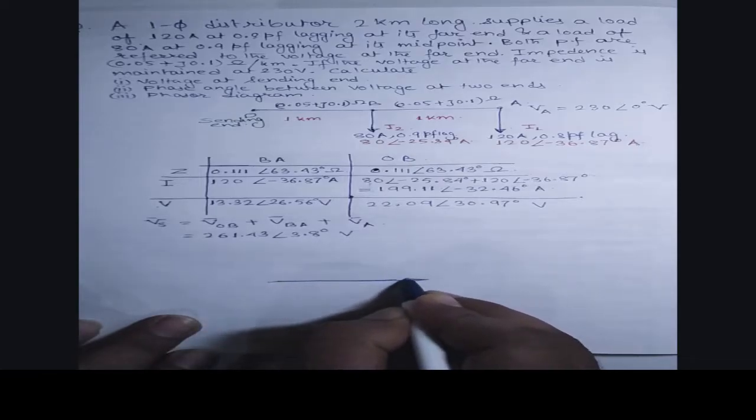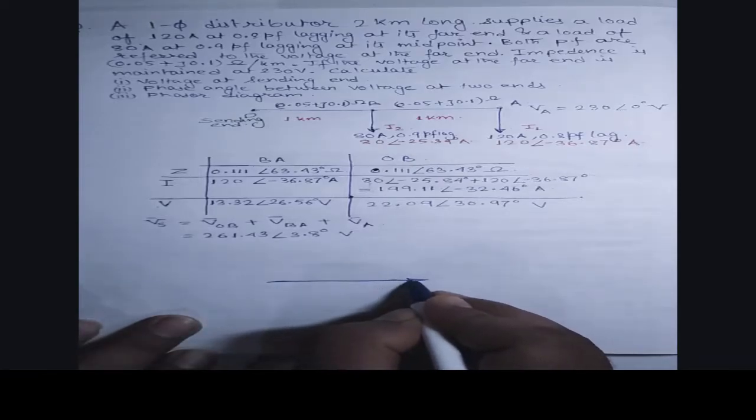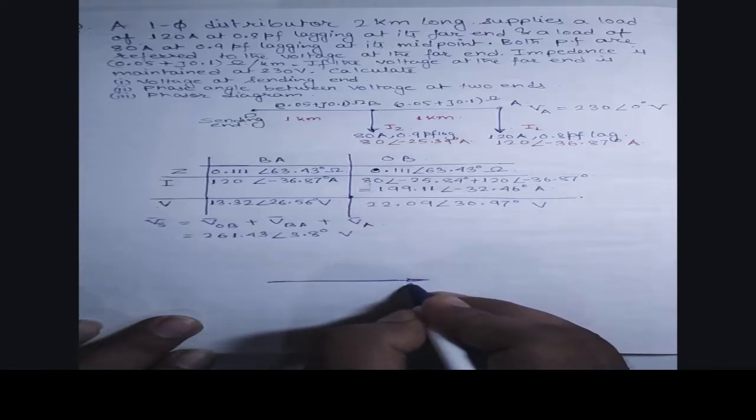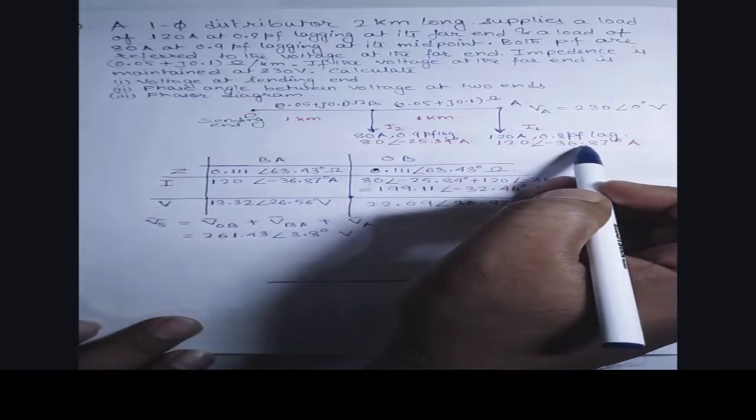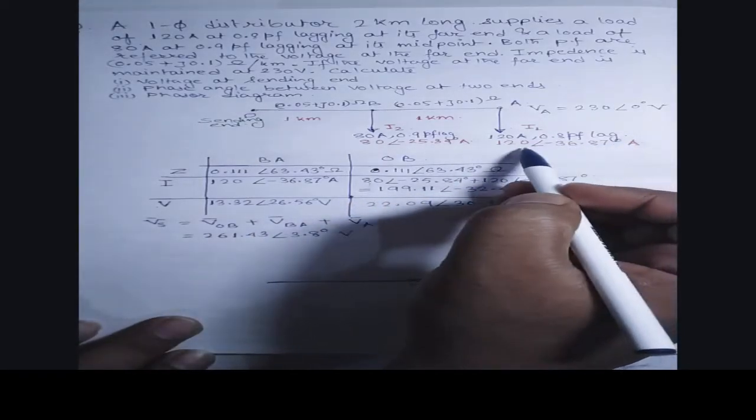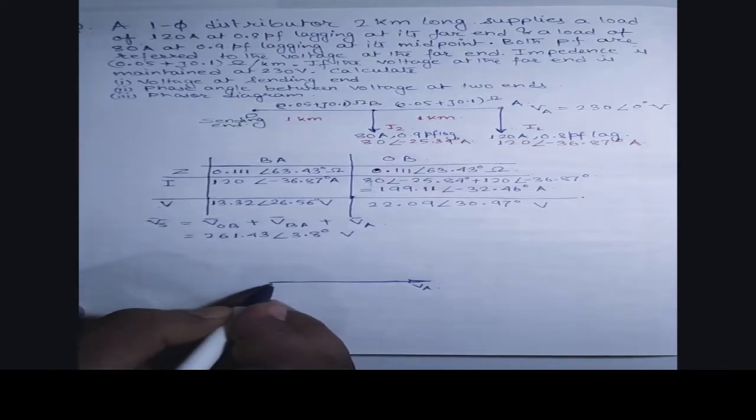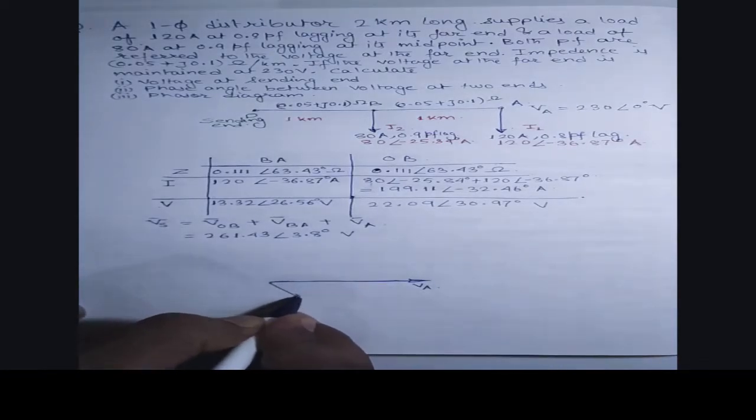So this is VA. Now the current here is 36.87 degree lagging 120. So this will be our I1.